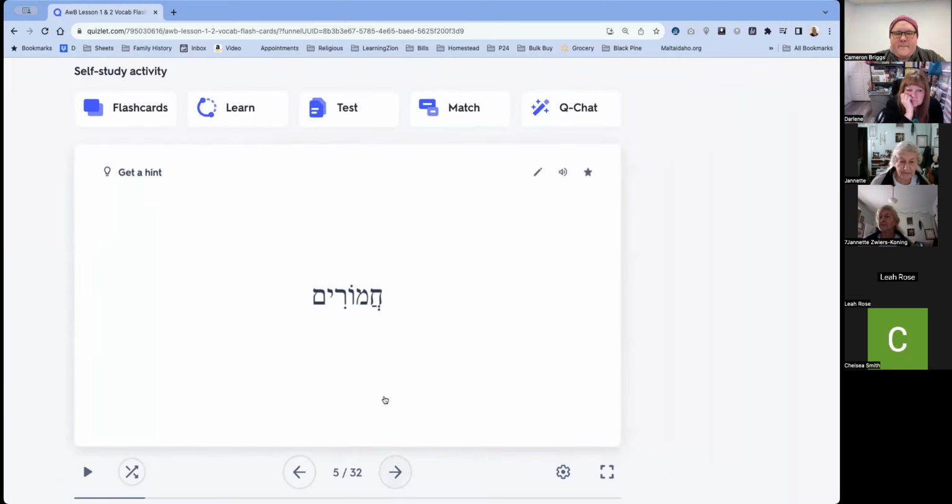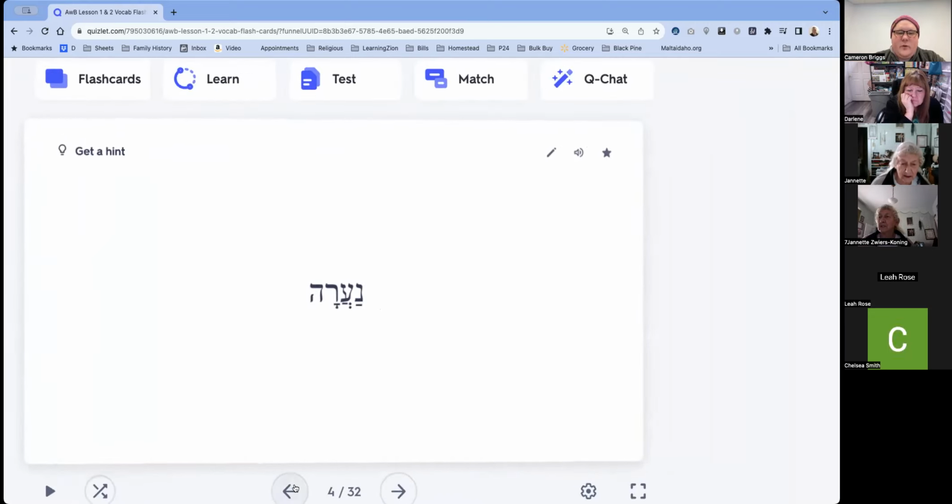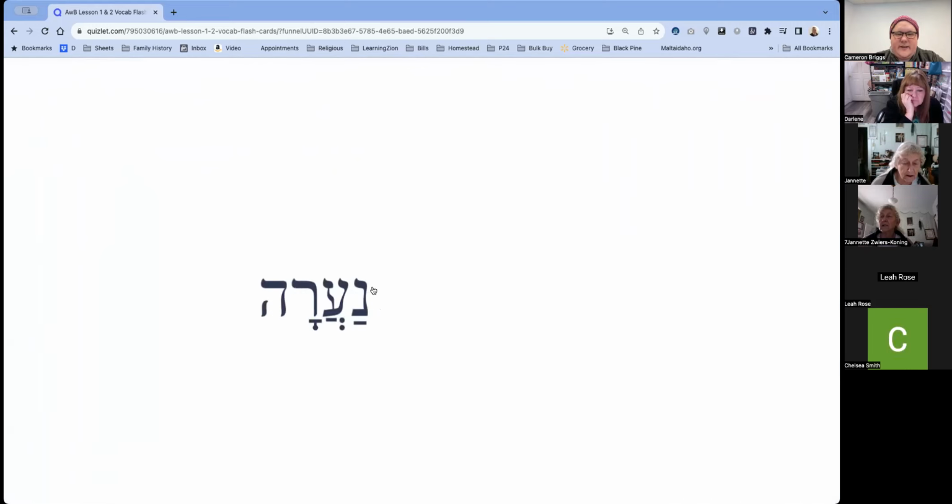Oh, and while we've got that, if we were to put a vav in front of this, what would change? Would it be just a regular vav with a shva under it? Would it be a vav with a patah under it? Or would it be a shuruk with the dagesh?